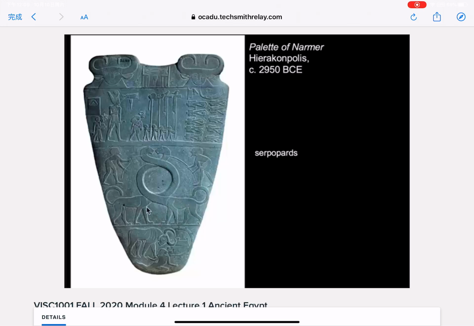So here we have two serpopards facing each other, and their long necks that are held in abeyance, held tight by the attendants, intertwine around the depression where the cosmetics would be mixed if this was an actual domestic object.